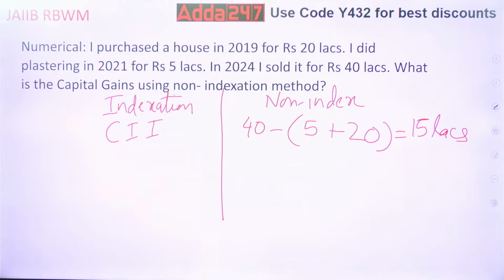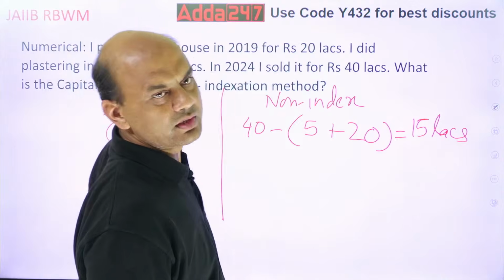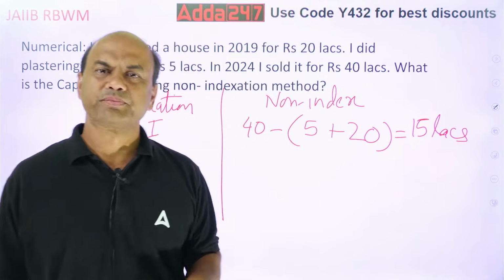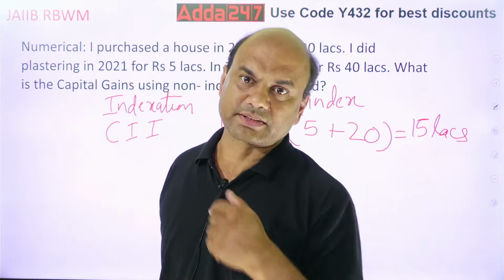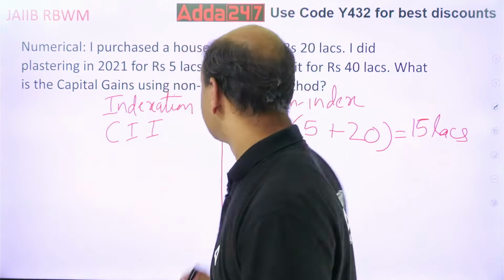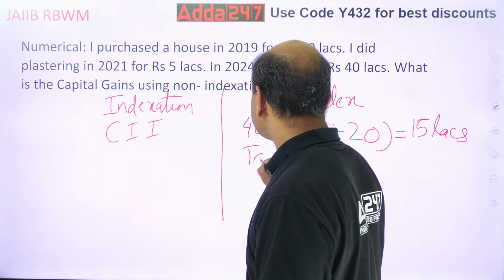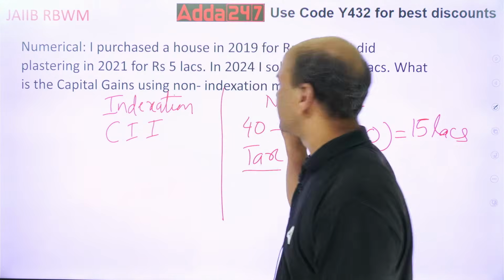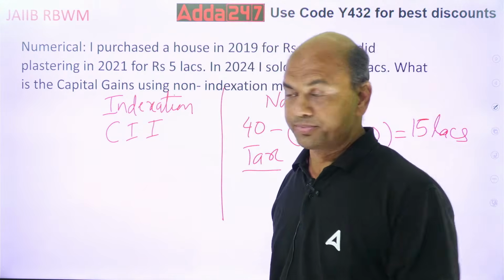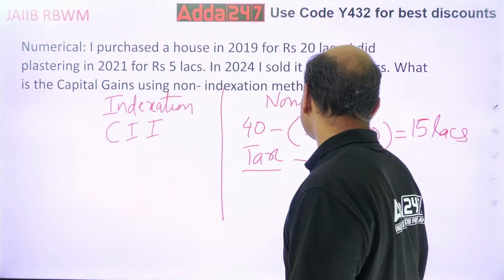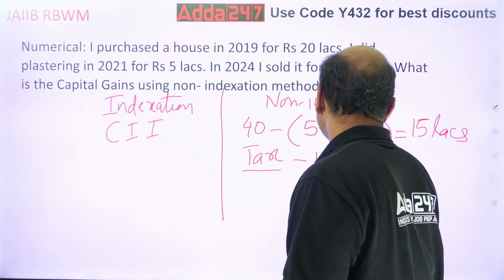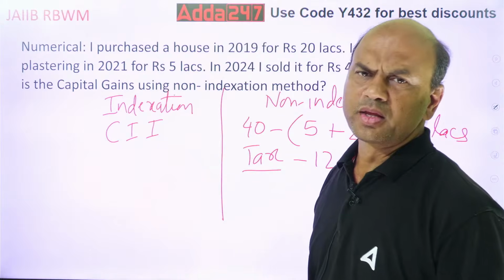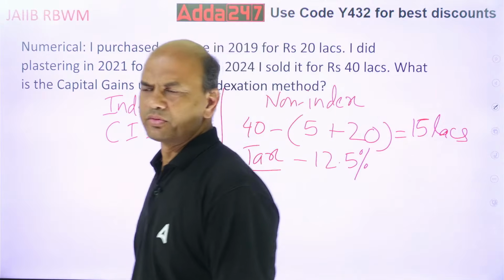Got it? But now if I ask you tax. See, question is over here. But now if they ask you tax, then the tax rate for non-indexation is, kindly note, 12.5% without GST. You don't have to consider GST right now.